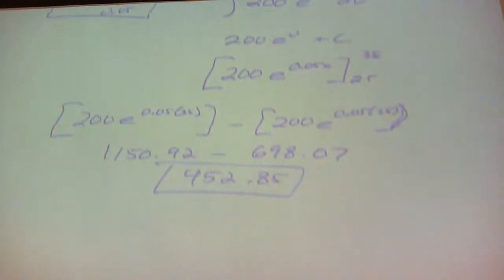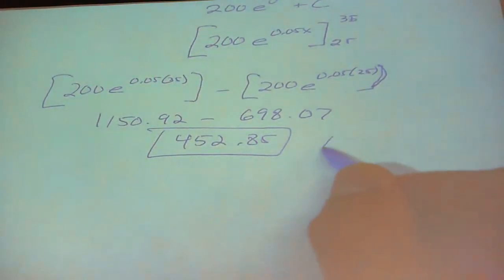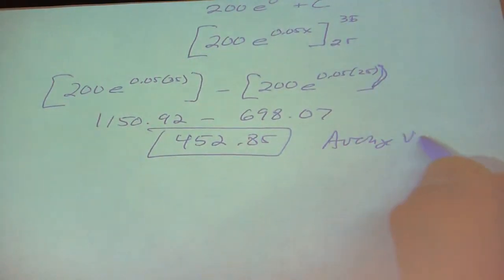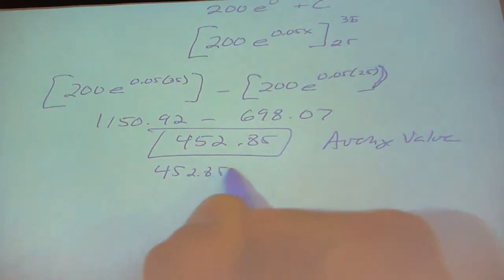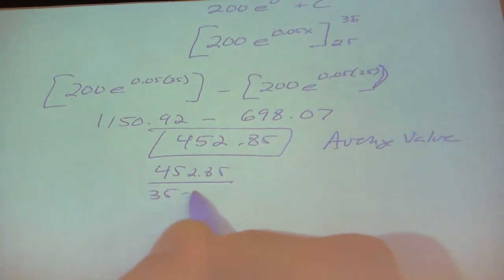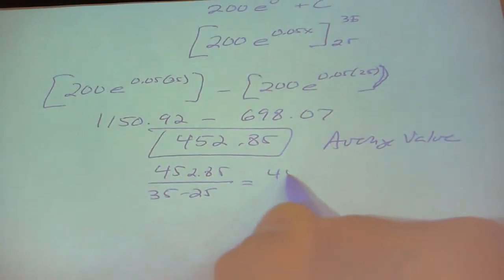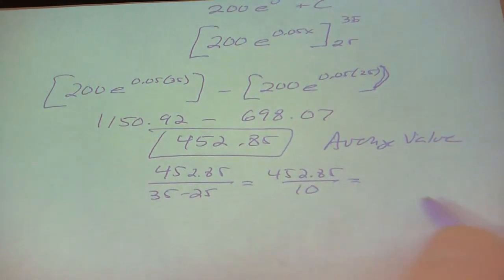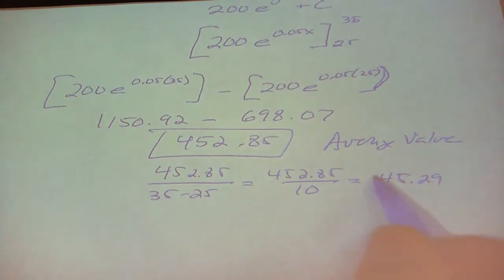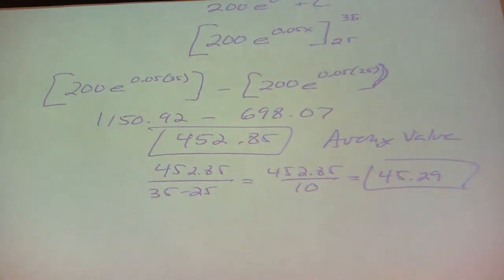Practice, practice, practice. But if I did add average value, then it would be the 452.85 over 35 minus 25. And from 35 to 25, how many years has that been? 10. So you just divide it by 10, and you get 45.29, or whatever you round it to. Okay? If it had the average value. Stop there.